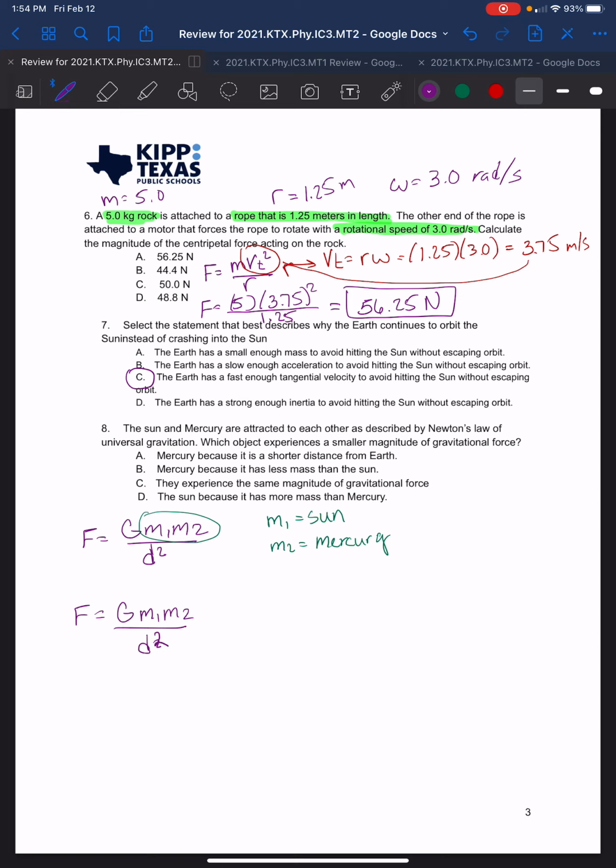But if I switch those two around, I would get force is equal to G M2 times M1 divided by d squared. And from our rules of mathematics, when you're multiplying, it doesn't matter the order, the answer is still going to be the same. So no matter how you order these, the answer is the same. So the answer to this particular question is they both experience the same magnitude of gravitational force. So the answer is C.